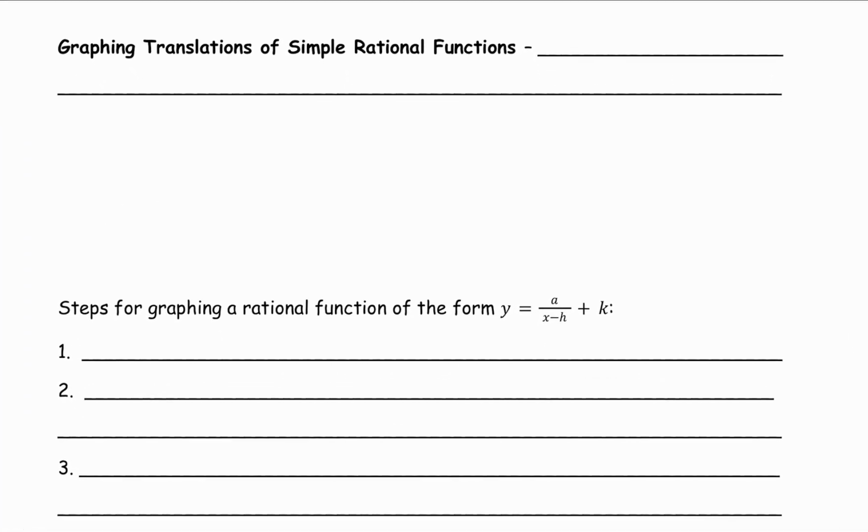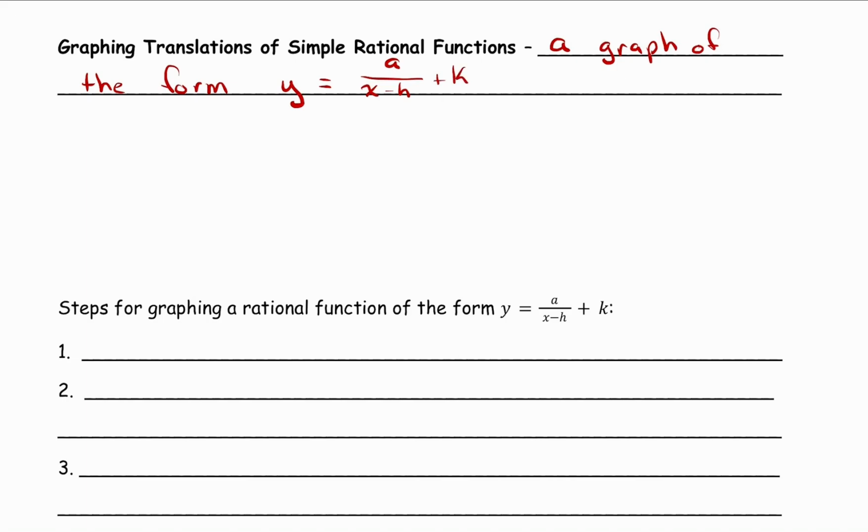So if we take that simple graph that we just had, which is those two hyperbolas pointed off in those two quadrants, we can actually do a lot more complex things with that same structure. So if we're graphing translation, so translation is a horizontal or vertical shift, we can have a graph of the form y equals a over x minus h plus k.